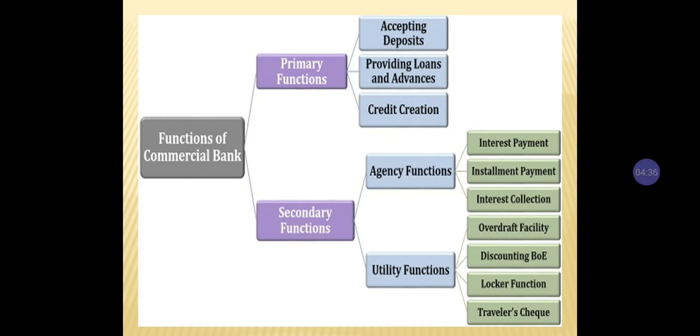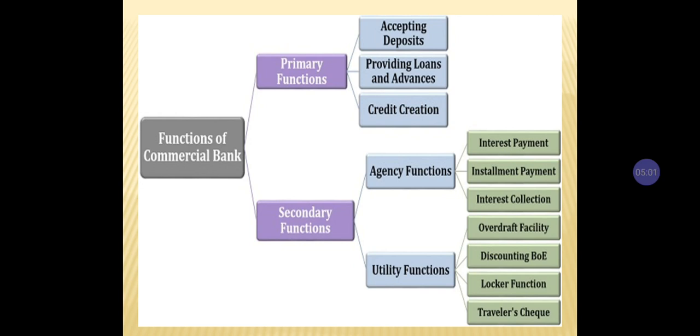Next, utility functions: we have overdraft. For example, I have 5,000 rupees in my bank and in some emergency I need 6,000, so I can go and ask the bank for my overdraft facility, where I get 1,000 rupees additional. Then discounting bill of exchange, where I need to discount my bills of exchange.